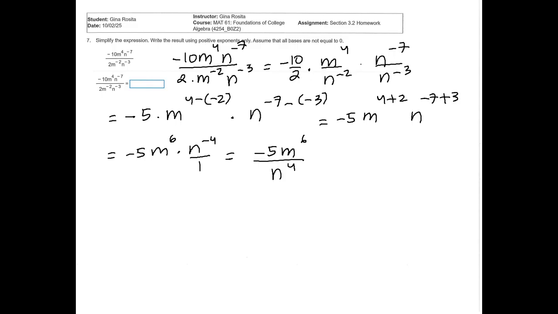Now number 8. The question is the same. We have to simplify again. So now the problem is x y to the 4th, the power is 3, over x y, the power is negative 4.